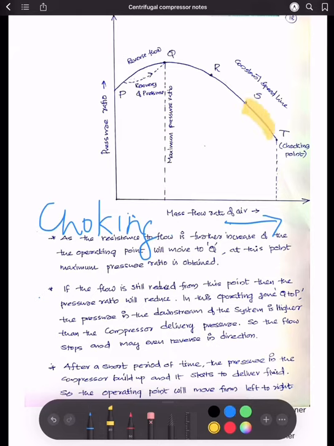When the pressure ratio decreases, it reduces the density of the air. As a result, the velocity of flow increases, and also V2, the absolute velocity at the exit, increases. Clear? Now, as a result, we can see a decrease in the characteristic curve, and it reaches a point called the choking point, beyond which we won't be able to increase the mass flow rate.